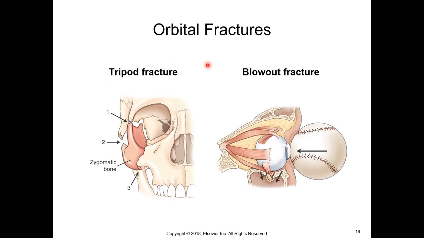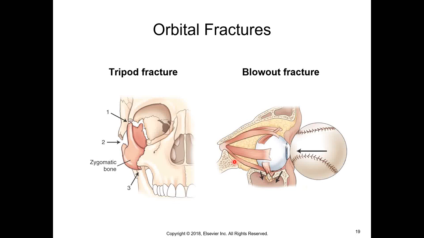There are also a few different types of fractures associated with your orbits. There's a couple that I really want you to pay most attention to because these are the most common that you're going to see in the department usually. The tripod fracture, it's called tripod because it's breaking into three sections. That's important. That's called the tripod fracture.